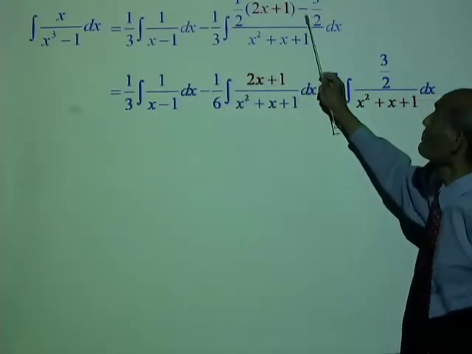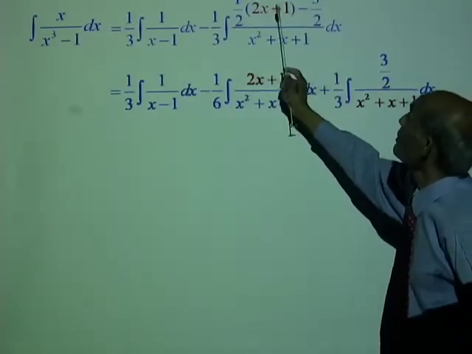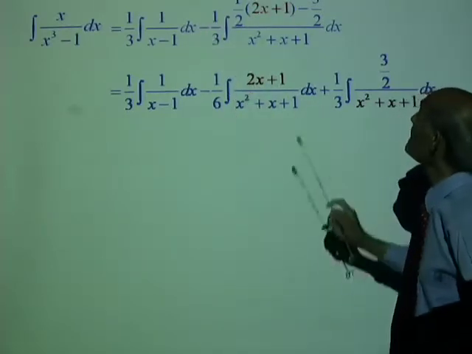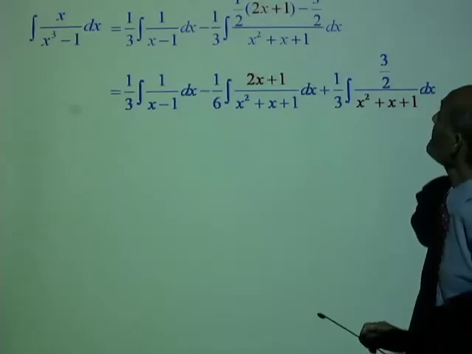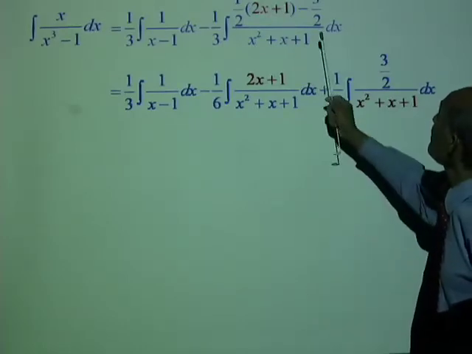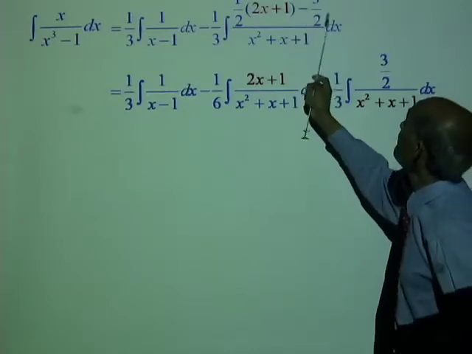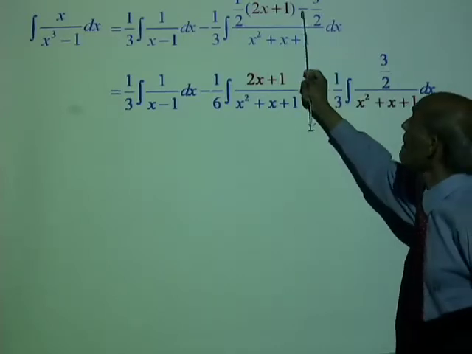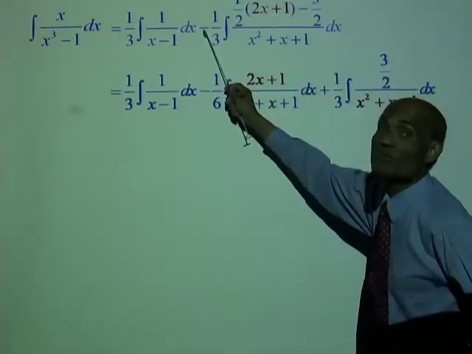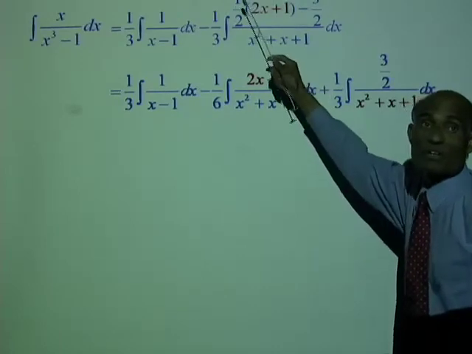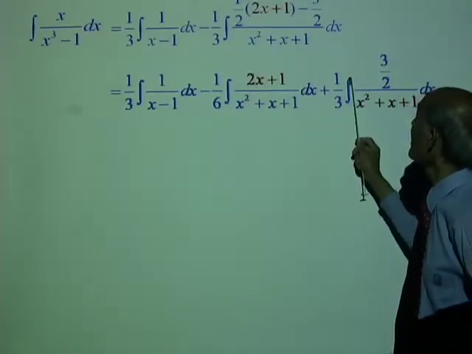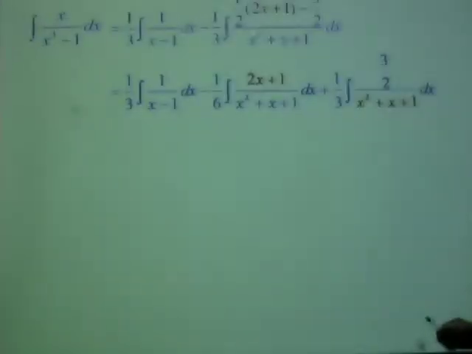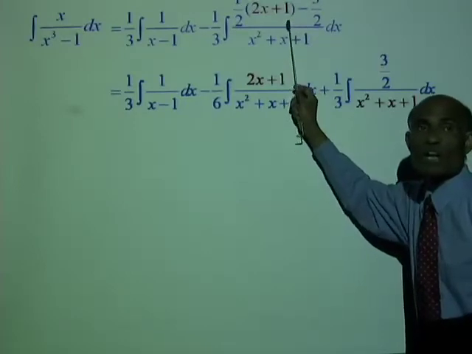This is minus, this is minus, this negative 3 over 2 comes out, multiplies by negative 1/3, making it a 1/3, is that right? Well, we did not take out the 3 over 2, we left that 3 over 2 there. We only took out that negative. That negative with the negative becomes positive, and this now becomes positive 1/3 integral 3 over 2 over x squared plus x plus 1. I want you to look at this and learn that skill.